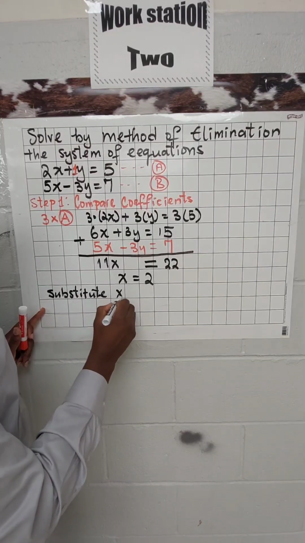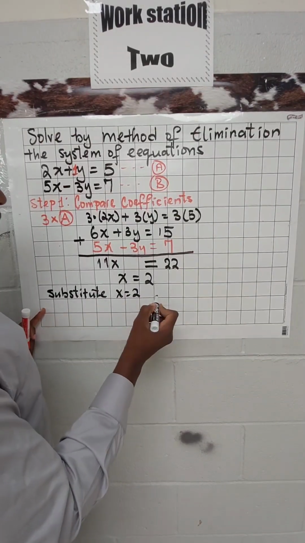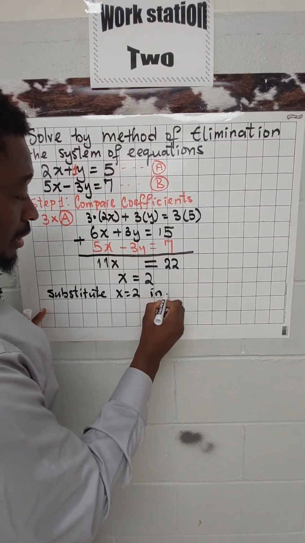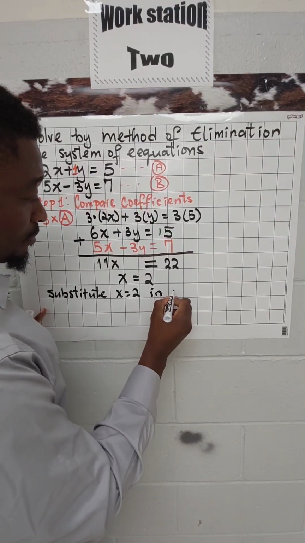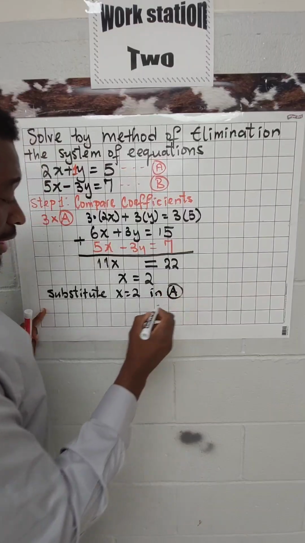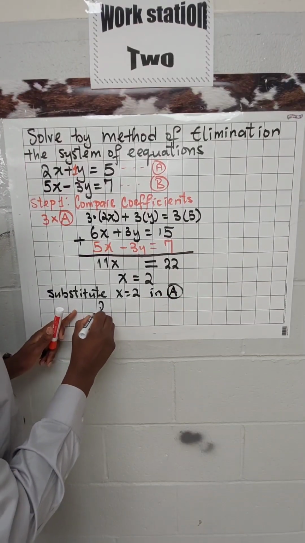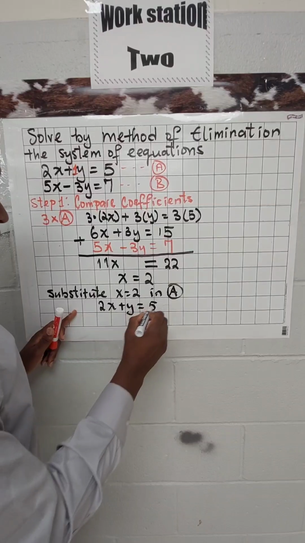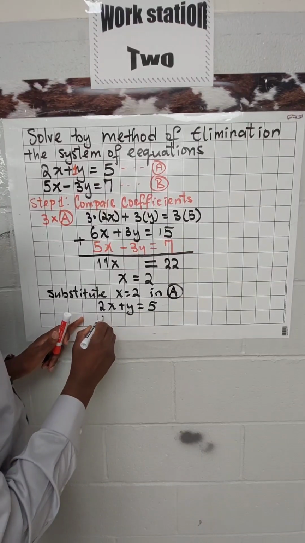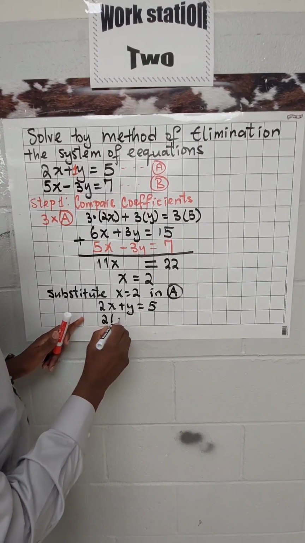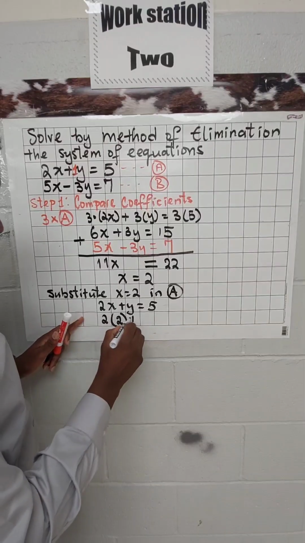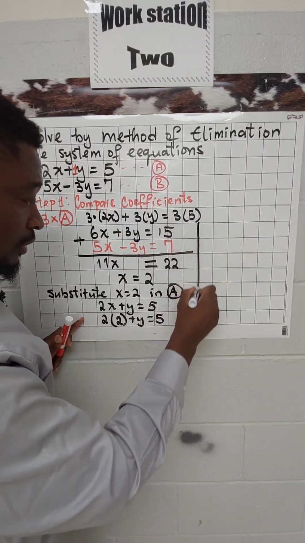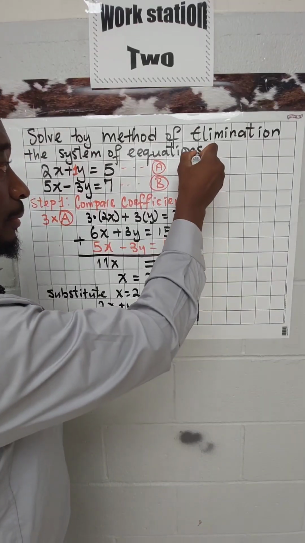So substitute x equals 2 in the original equation A. Equation A says 2x plus y equals 5. Now I know the value for x, it is 2, so instead of writing x, I replace it with 2, and then I go plus y equals 5.